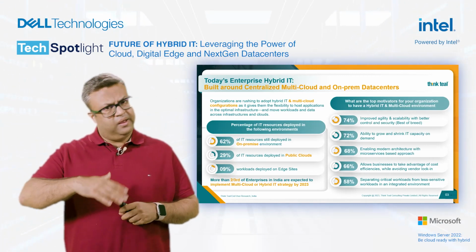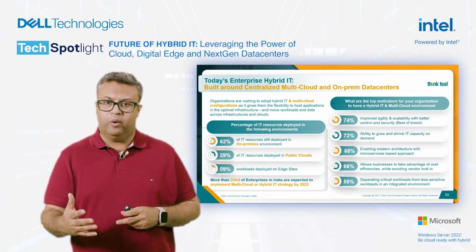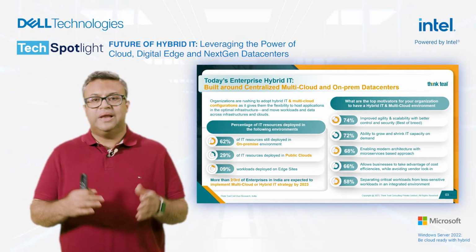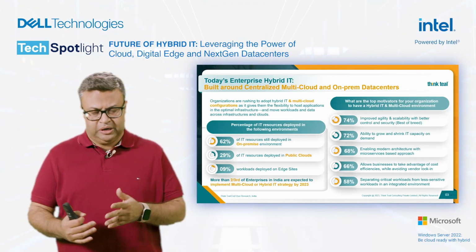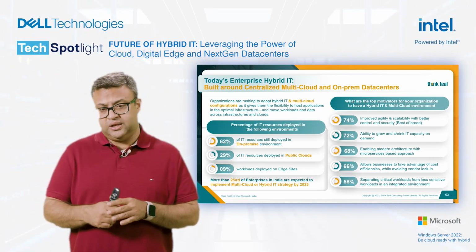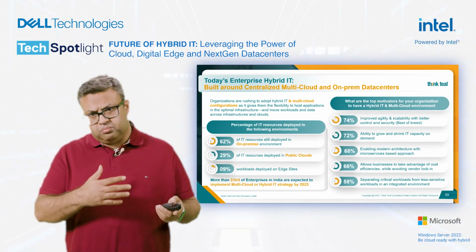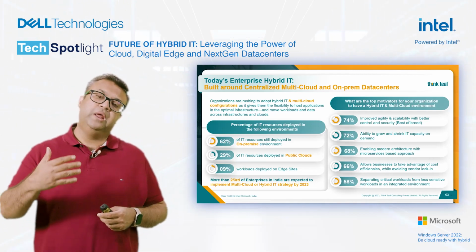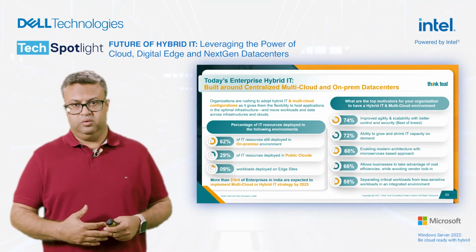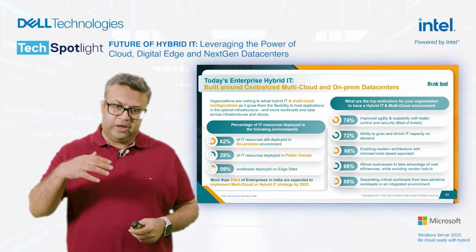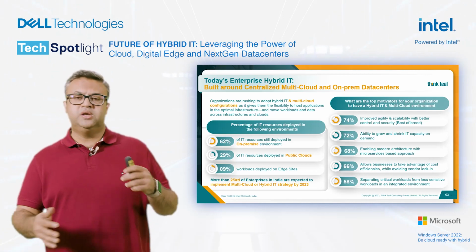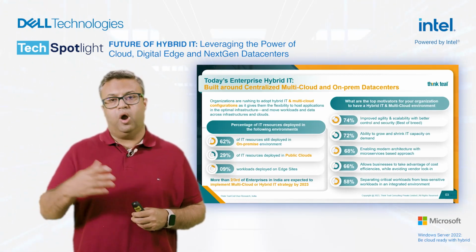Then again, typical examples of how hybrid IT operates: you're separating the more critical workloads from the less sensitive workloads in an integrated environment. Not saying that this is the rule, but my assumption is you probably want to keep your more mission-critical applications closer to home, in your on-premise data centers, while offloading some of your non-mission applications onto the cloud, right?